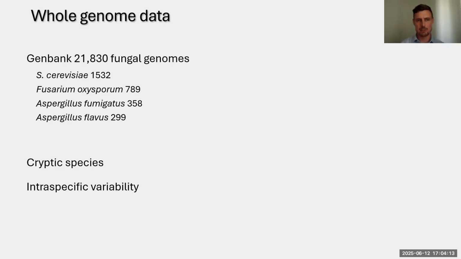So it's not like there are 21,000 different fungal species. I don't know the exact number, but it will be much lower because there are so many important species which are sequenced over and over. Of course, the top of the list is Saccharomyces cerevisiae.